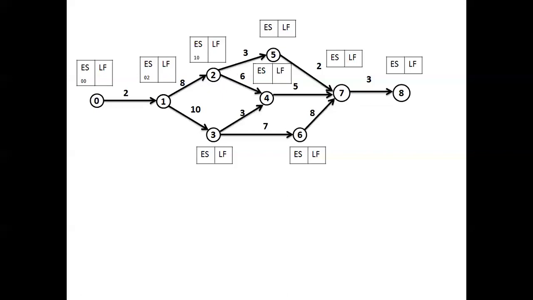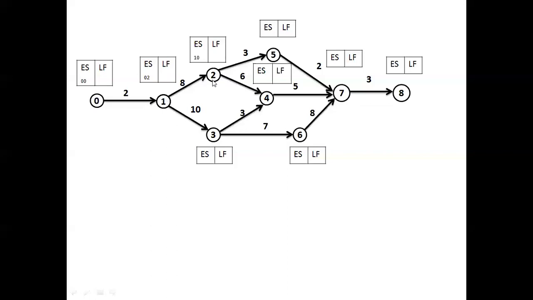Once again, I repeat, the activity 0 to 1 starts on the 0th period. That is the assumption we make. It takes 2 days for completion. So 0 to 1 will complete on the second day, and immediately on the second day activity 1 to 2 starts, and 1 to 3 also starts, because 1 to 2 and 1 to 3 are concurrent activities.